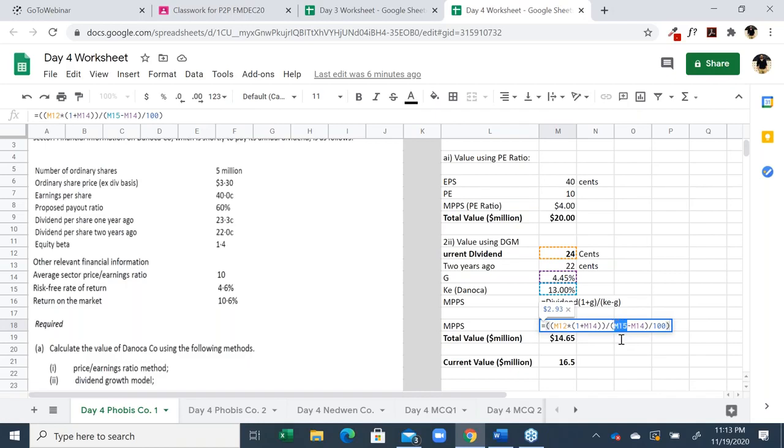Instead of writing 13%, let me write it as 18% and see whether it results in a higher price or lower price if I increase the cost of equity. Has it resulted in a higher price or lower price?